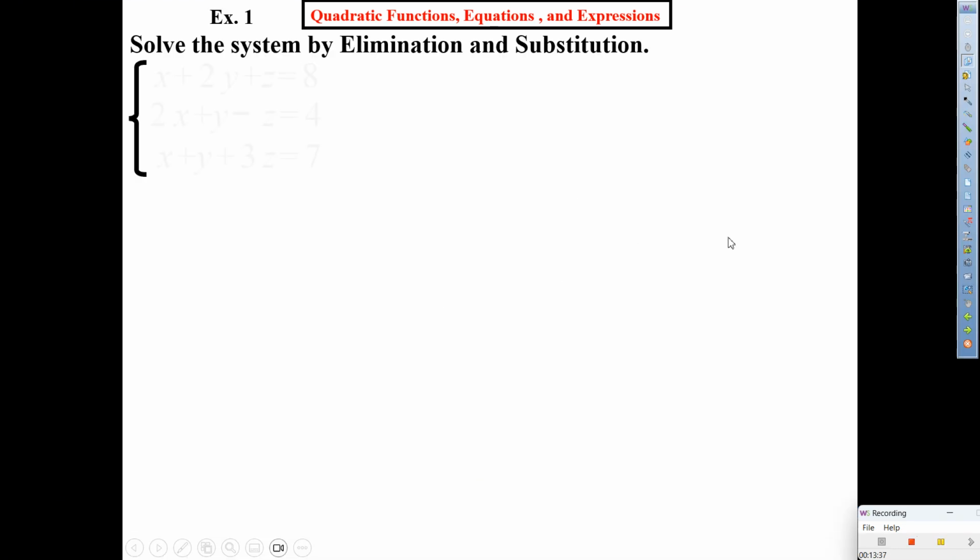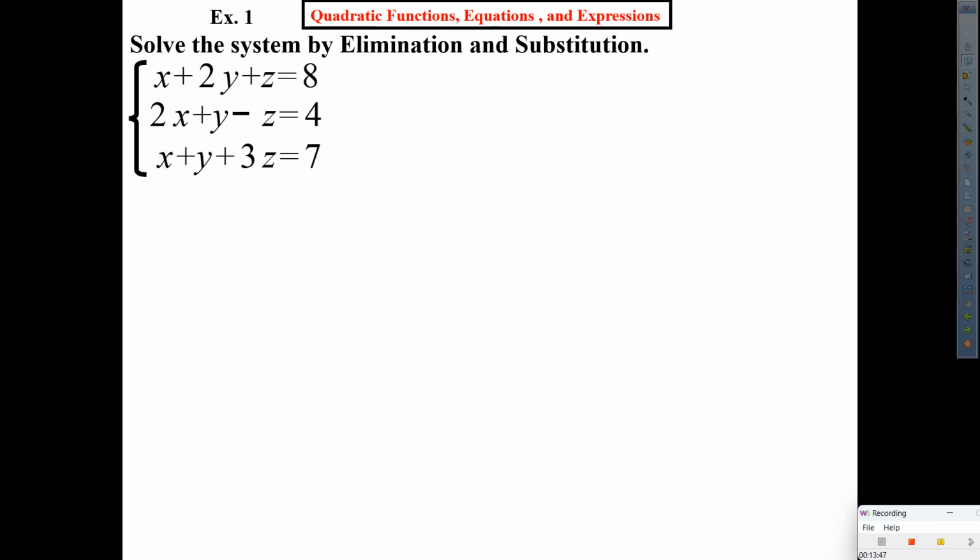So, with that said, copy this one, please. Example number 1. Put away those Chromebooks, please. Thank you. We are given the system, and it says solve the system by elimination and substitution.